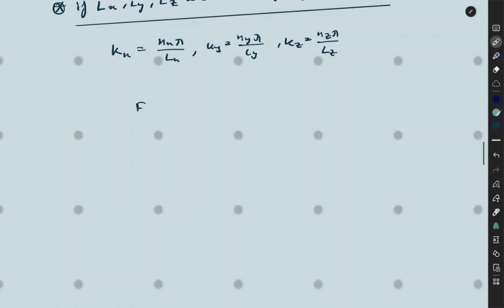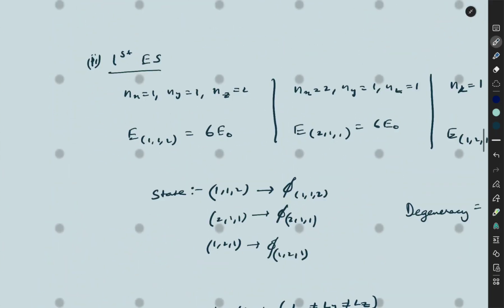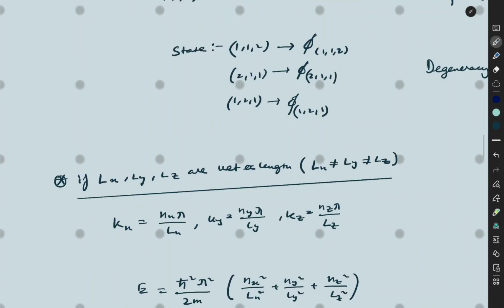So our energy, that is the eigenvalue, would have become E equal to h cut square pi square by 2m into nx square by Lx square plus ny square by Ly square plus nz square by Lz square. So in this case, the energies for 1, 1, 2, 1, 2, 1 and 2, 1, 1 would not be the same because the lengths of the vertices are different.